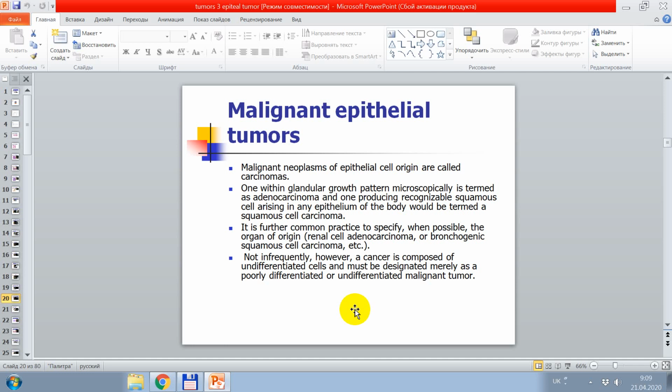It is common practice to specify, when possible, the organ of origin: renal cell adenocarcinoma or bronchogenic squamous cell carcinoma, etc. Not infrequently, however, a cancer is composed of undifferentiated cells and must be designated merely as a poorly differentiated or undifferentiated malignant tumor.